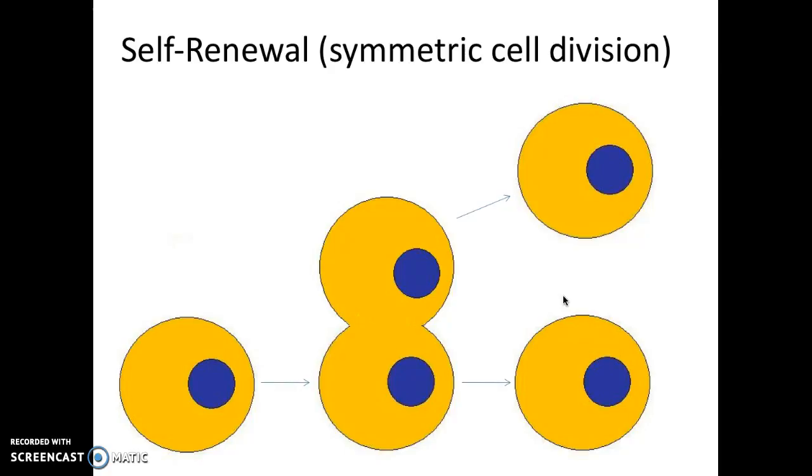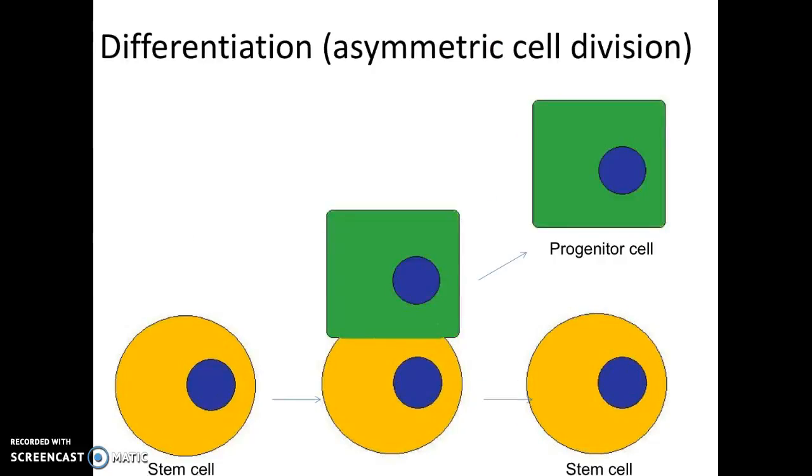Well, our stem cells can do this. They can self-renew. It's what we call symmetric cell division. They do this equally, and the cell itself is not differentiated into anything specific. It's just a cell. Well, what makes our stem cell so unique is their ability to differentiate. They go through a process called asymmetric cell division. So you have your stem cell, it divides, but it doesn't make a duplicate.